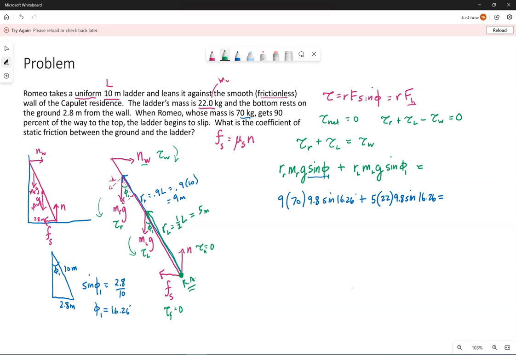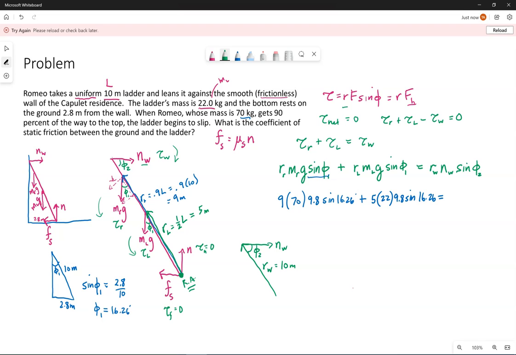This needs to equal the torque due to the wall, the normal force with the wall. So R for that force times the sine of phi 2, because I need the angle up here. R would be along the ladder, so R for the wall is the whole ladder, 10 meters, but the force is perpendicular to the wall, so this is what I mean by phi 2.